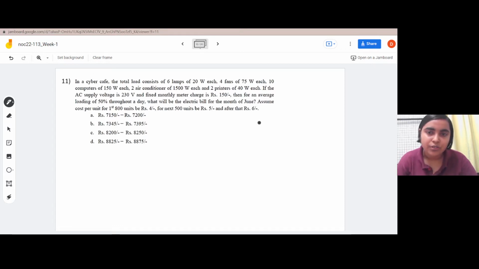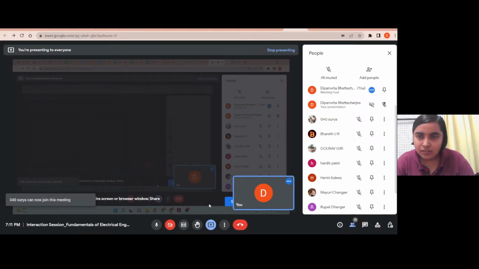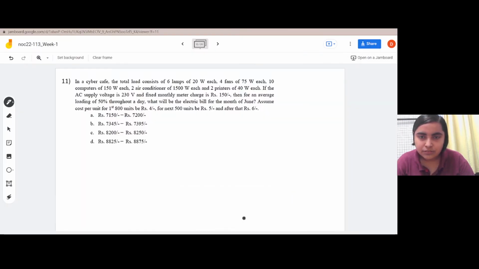So first, what you have to do, anyone wants to go ahead and answer? First, what do we have to find out? Hardik Patel, could you try? The load is given, right? How is our billing done? It is done on energy, isn't it?